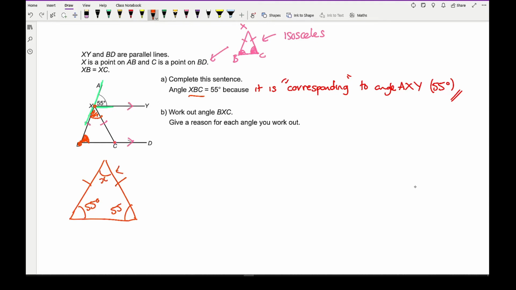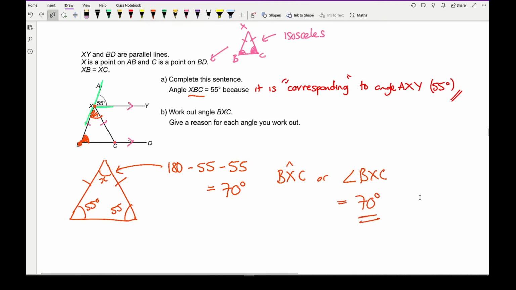Well, I know that angles in a triangle add up to 180, so here I've got to do 180 minus 55 minus 55, which gives me an answer of 70 degrees. So the answer for the angle BXC, with a little hat, or I could write it as angle BXC, is going to be equal to 70 degrees.